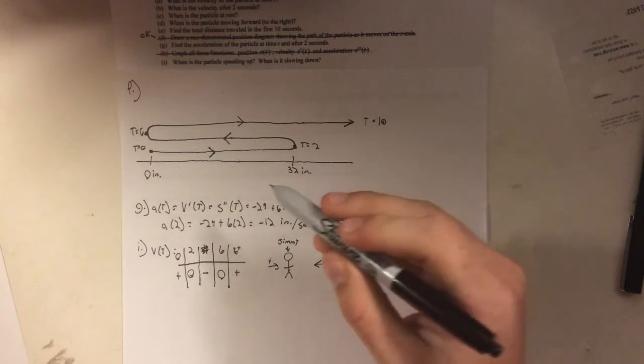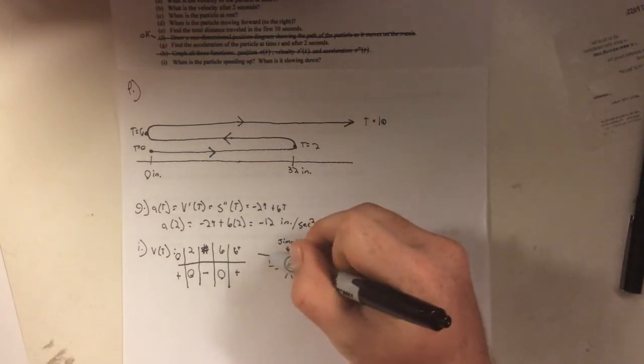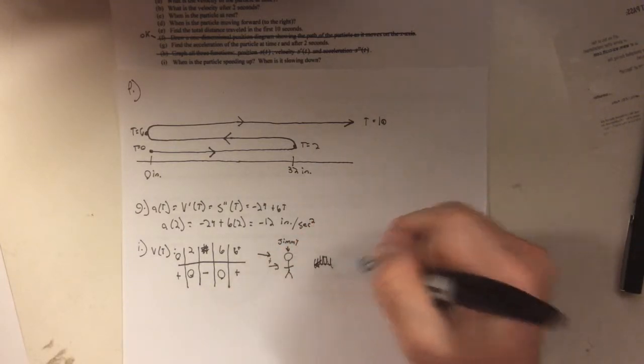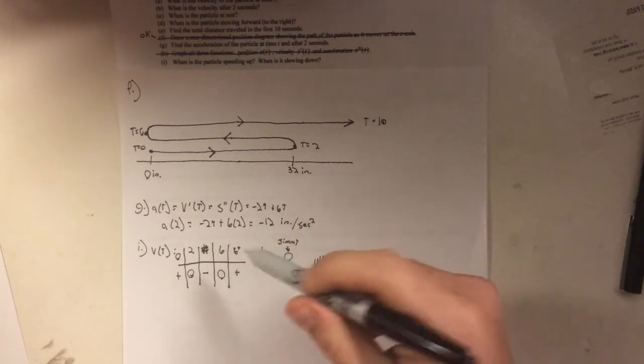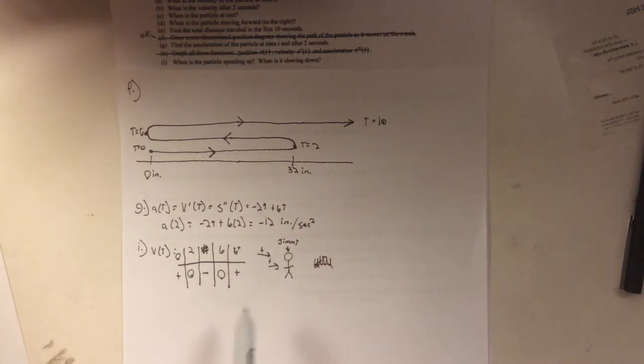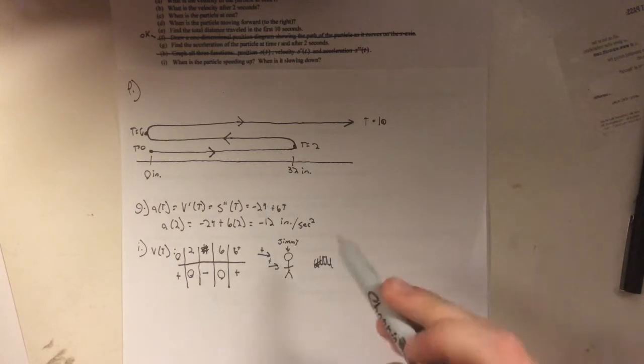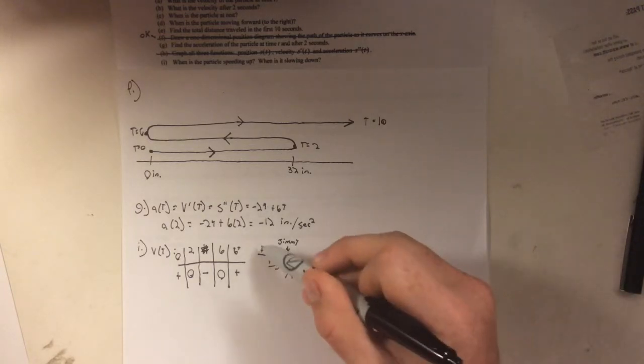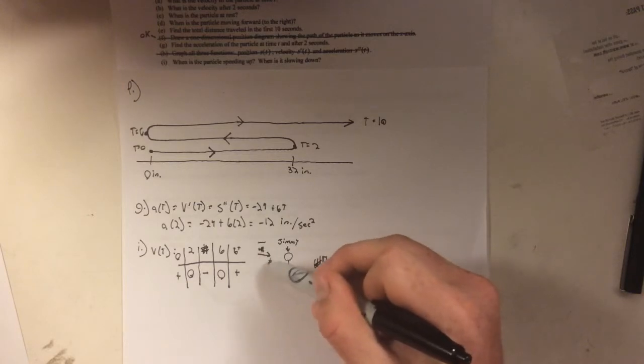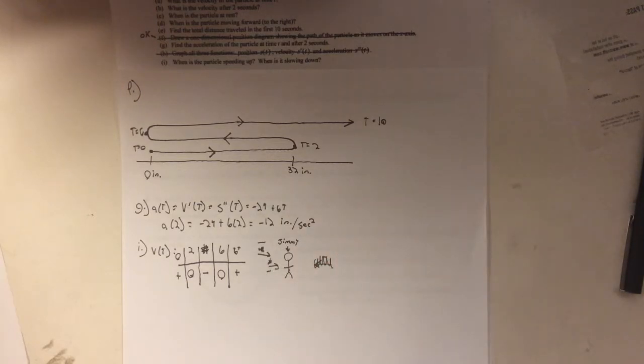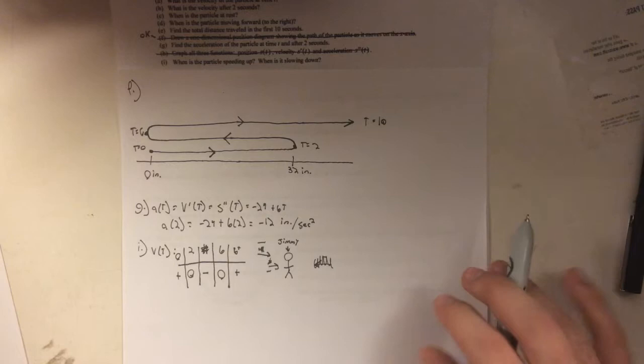However, if you're running in the positive direction, and all of a sudden the wind gusts and blows on your back, powering you forward, that's going to speed you up. And it works the same if these were both negative directions, if you were running backwards per se. So that's how speeding up and slowing down works.